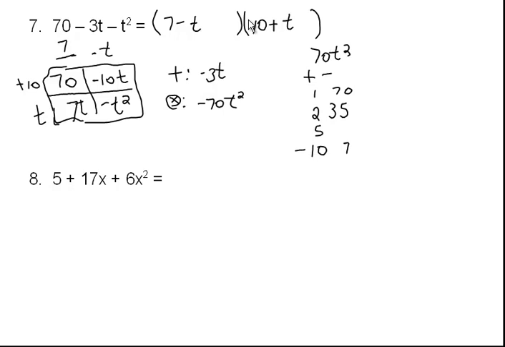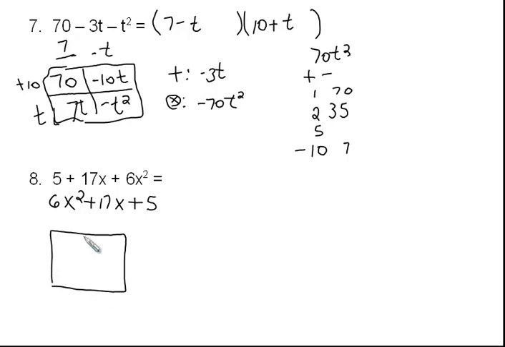Alright, the last one we have looks like this, but since these are both positive, I think what I would do is rewrite this as 6x squared plus 17x plus 5. And then it looks more like what we're used to, and we're not going to have to come at it backwards.